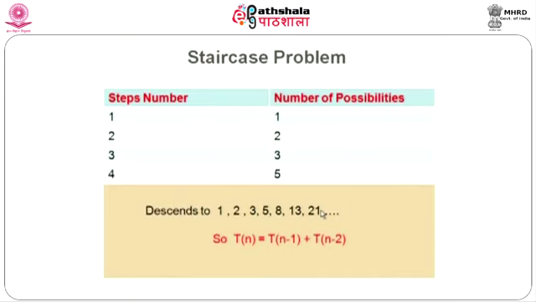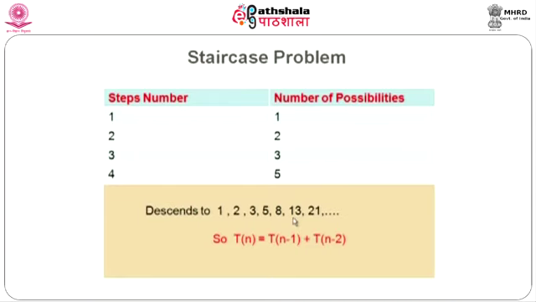Again, you can observe the similarity between this sequence and the Fibonacci series. For example, 8 is computed by adding the preceding terms 3 and 5, and 21 is obtained by adding the preceding terms 8 and 13.